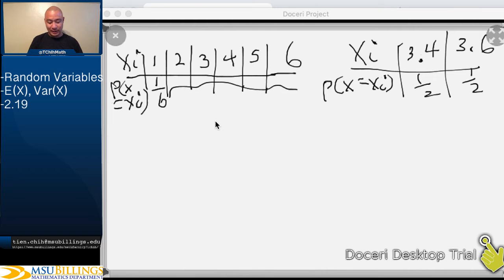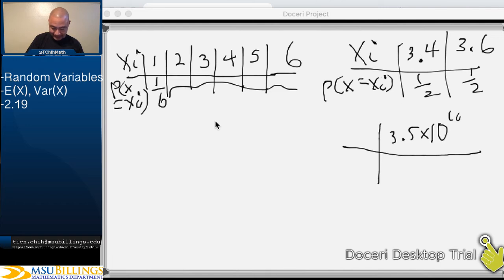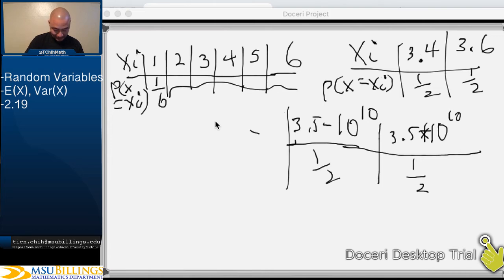On the other hand, instead of 3.4 and 3.6, I could say 3.5 plus 10 to the 10th and 3.5 minus 10 to the 10th, one half, one half, xi, P(X = xi).